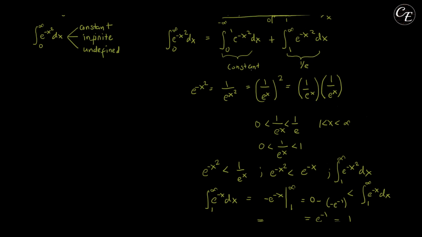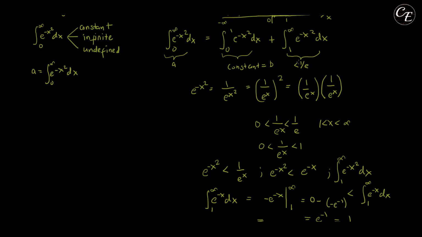Now, since this is a constant, we can designate it as b. For this one, we don't know yet if it is a constant, infinite, or undefined. Let us designate it as a. So a is equal to the integral of e raised to negative x squared dx from 0 to infinity.